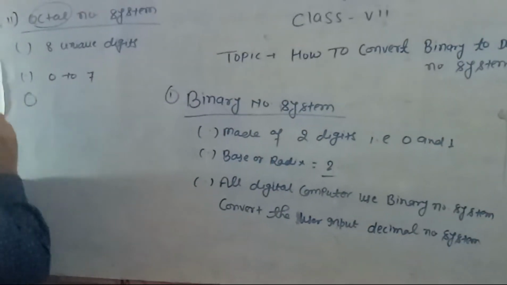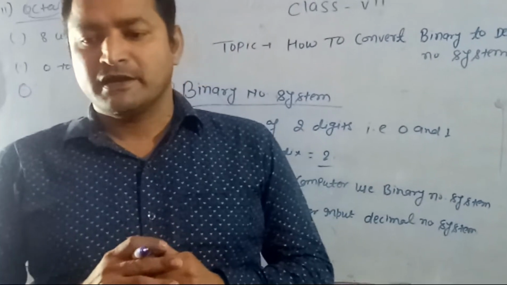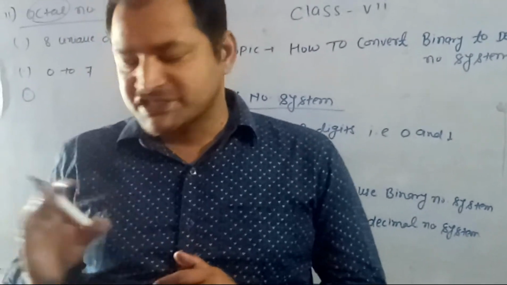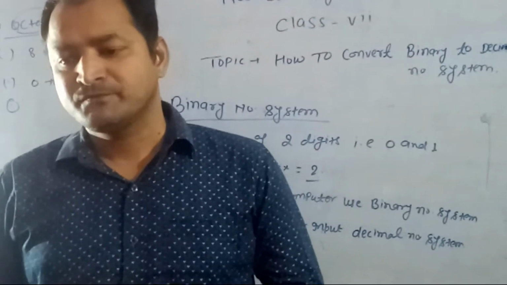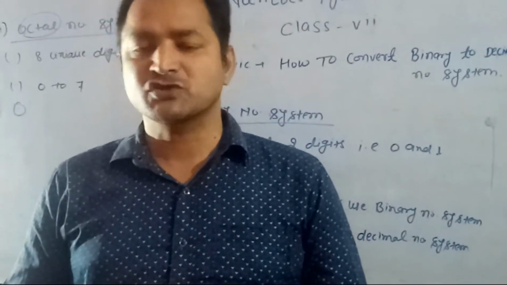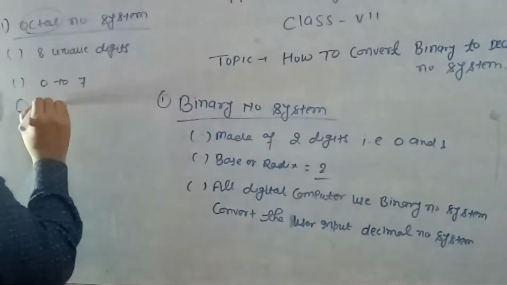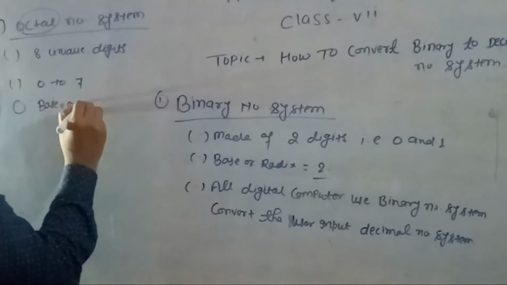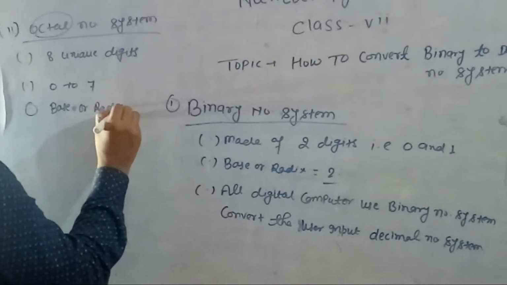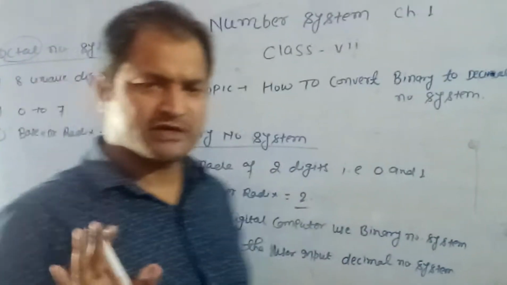Third point, this octal number system represents 0 to 7, so the base or radix of the number system is 8. Only 3 points. Every student remember.